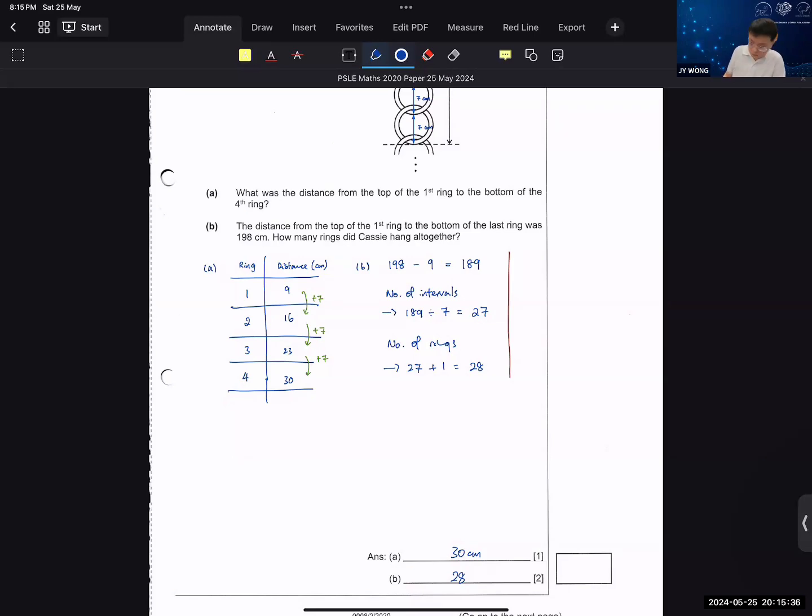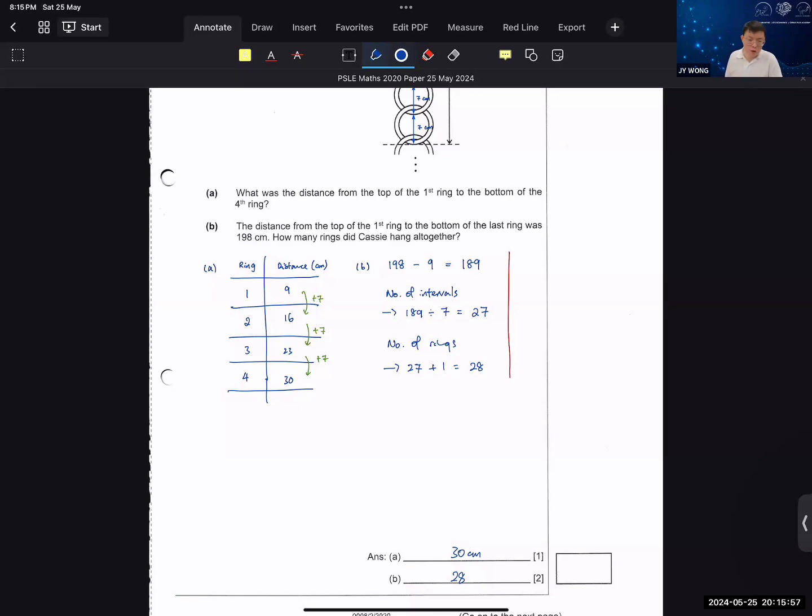In fact, got students tell me that year, sir, I went to list all the way to 198. Can. You will realize that in this case, 198 is not very difficult to list because the number is quite small. 28 is a relatively small number to list. So you could have gotten the answer correct by listing.